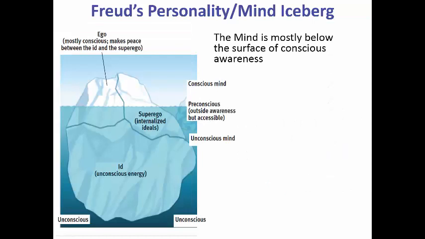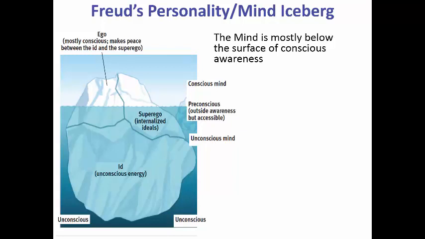So the diagram here on the left is somewhat of an iceberg depiction of how Freud viewed personality. On the surface is the ego, which is mostly conscious, and it's the way that we think of things and our mind is working.